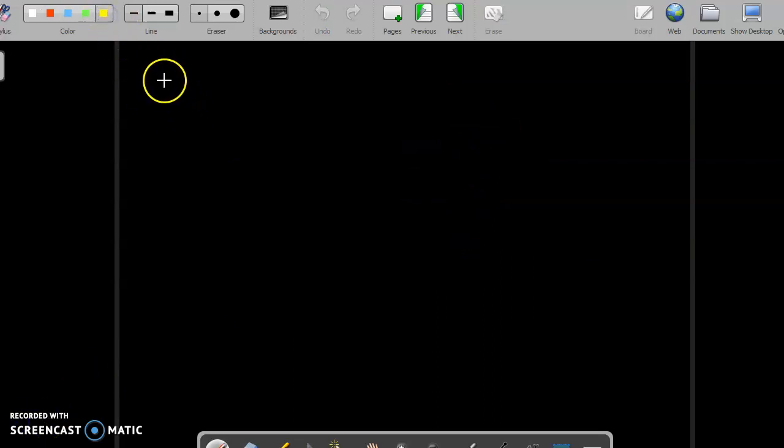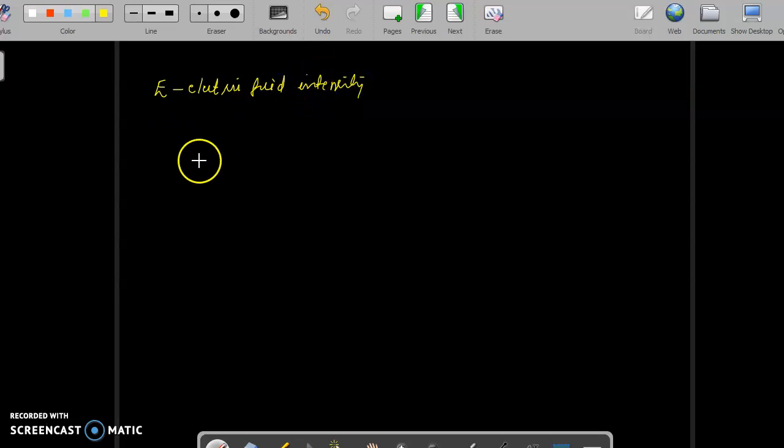We studied electric field intensity E. In magnetism, the similar field intensity is H, the magnetic field intensity. So we can connect electric field intensity and electric flux density.